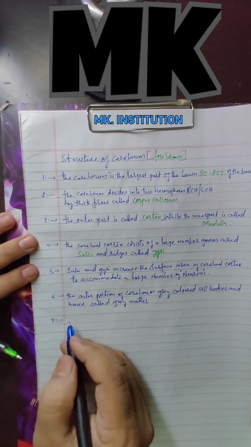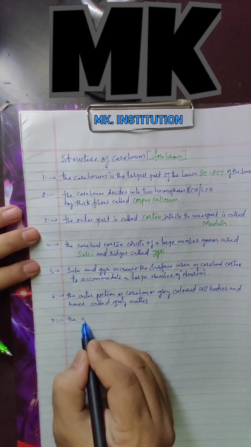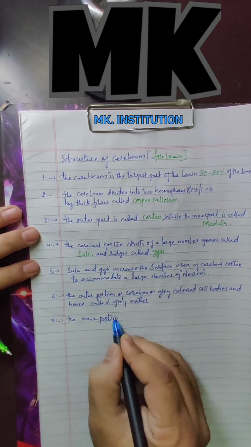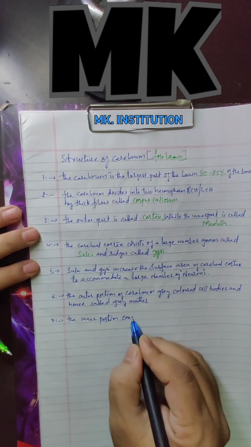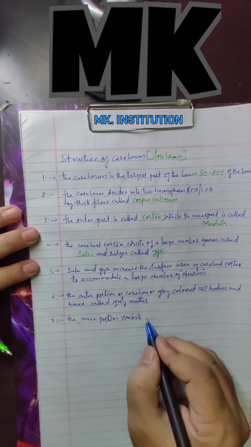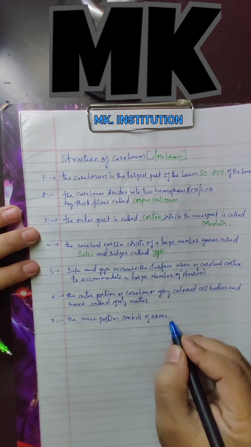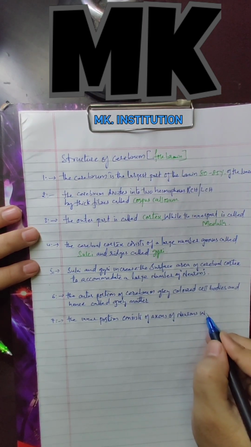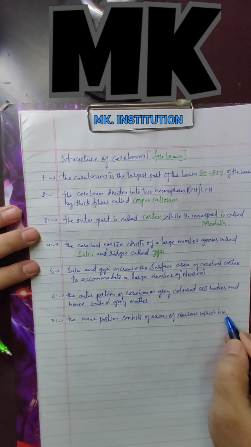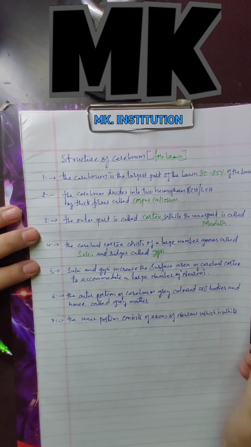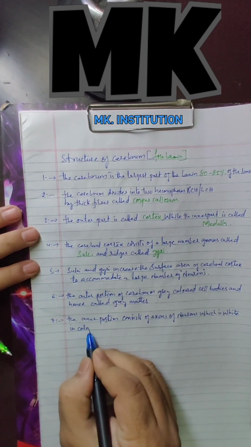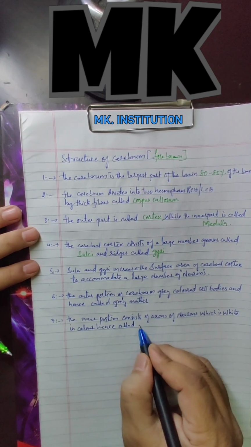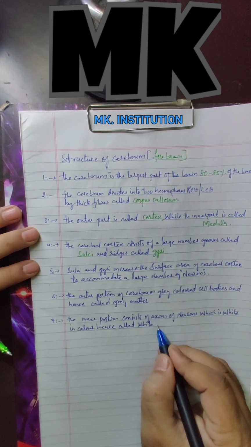Seventh one, the inner portion consists of axons of neurons, which is white in color, hence called white matter.